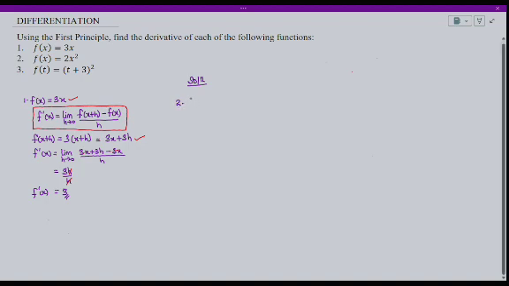Number 2, f of x equals 2x squared. Again, we know the definition that the derivative of a function f of x is given as the limit as h approaches 0 of f of x plus h minus f of x, all divided by h.